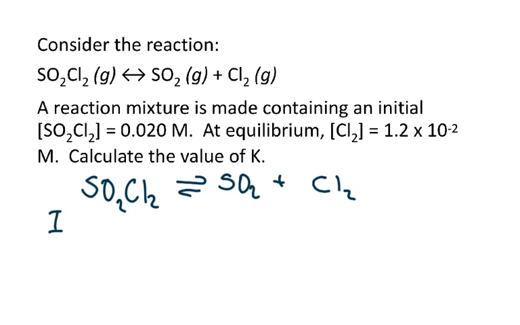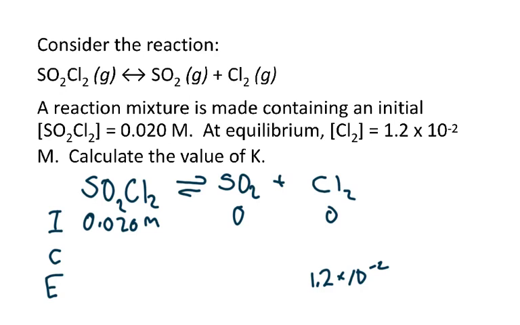We have our initial, our change, and our equilibrium. A reaction mixture is made containing an initial of 0.020 molar. And if you're only given reactants, you can assume your products are 0. At equilibrium, the Cl2 is 1.2 times 10 to the minus 2. Calculate the value of K.